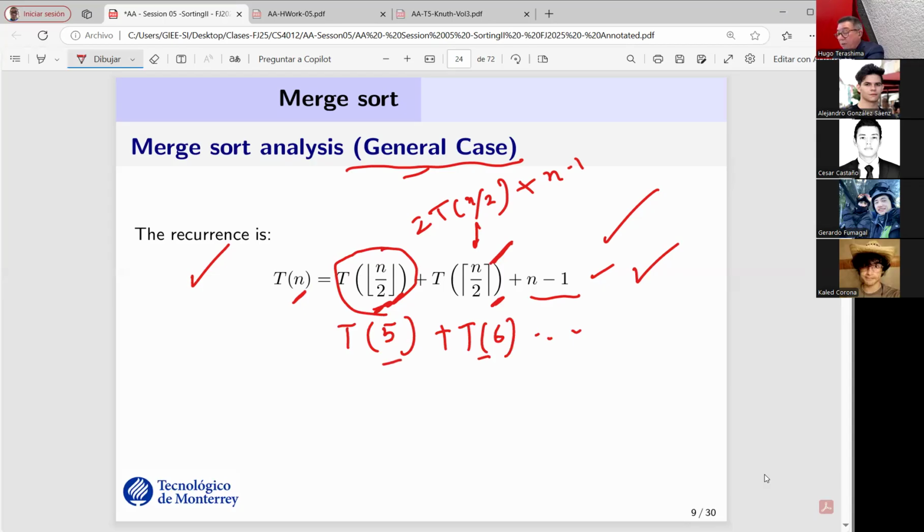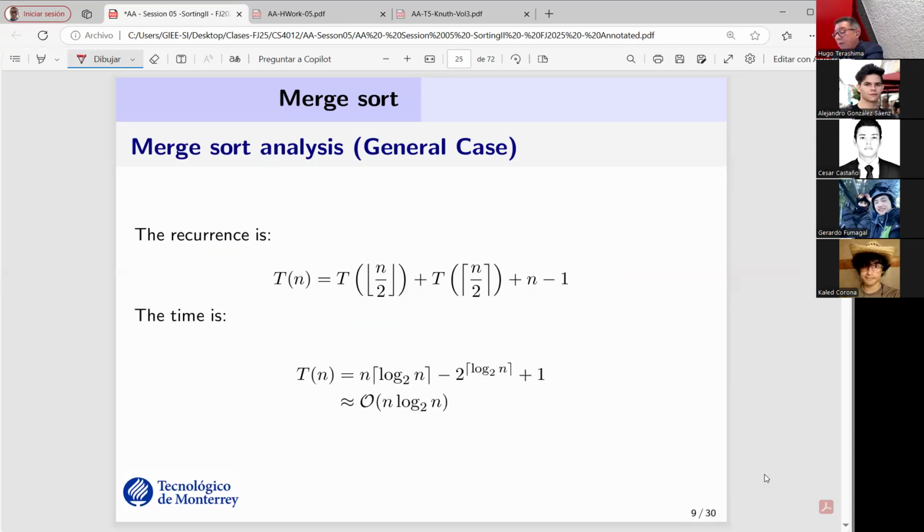But we are going to follow all the steps. The demonstration is going to get this value. And this is n times ceiling of log base 2 of n minus 2 to the ceiling of log base 2 of n, which is basically n, around n.